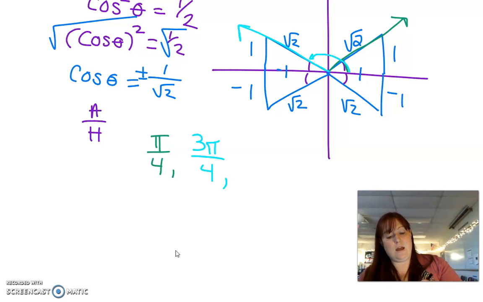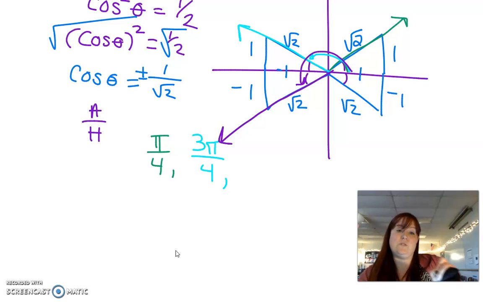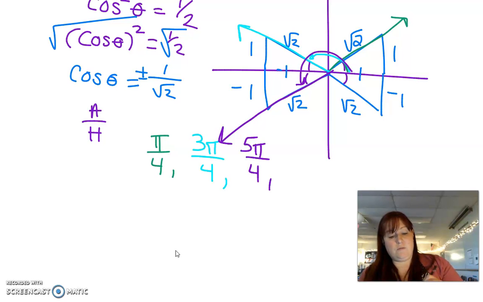Okay, and now we're going to look at this one right here. So again, we went a full pi, and then we went another pi over 4. So instead of 4 pi over 4, we have 5 pi over 4. Okay, and then last but not least, we have this one all the way around here.